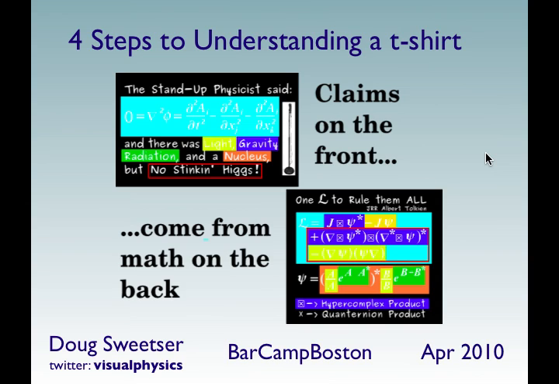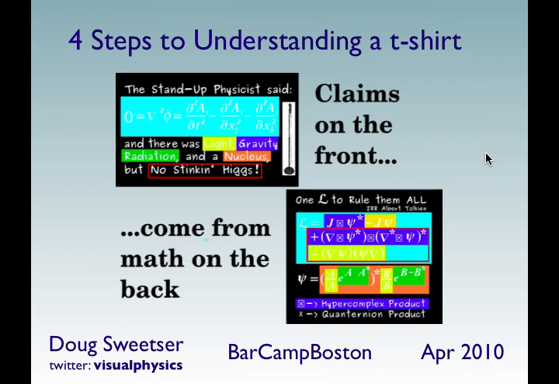This is, you might say, the next step in fundamental t-shirt design from the one that says, and God said, and it has the Maxwell equations, and there was light, because that only explains how light works. The front of this t-shirt claims to do the other 3 forces of nature in a way that doesn't need this Higgs particle.